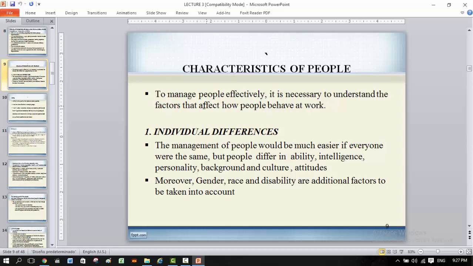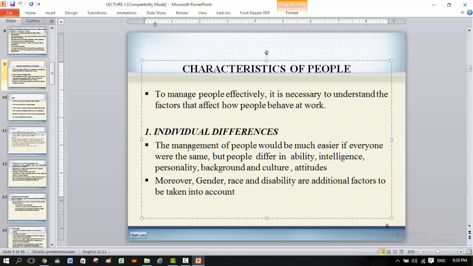These are the determinants of how the people behave in organizations. Individual differences is the first factor which determines the behavior of the people at work.